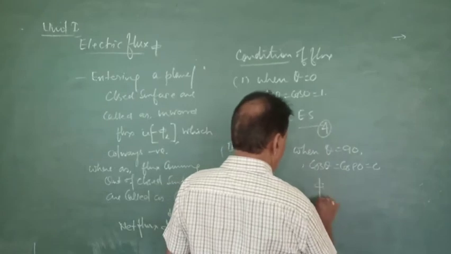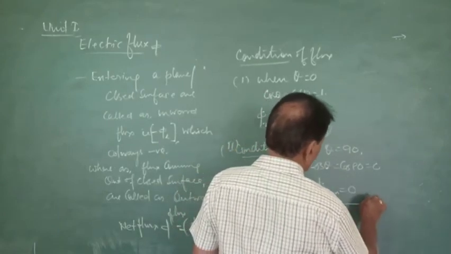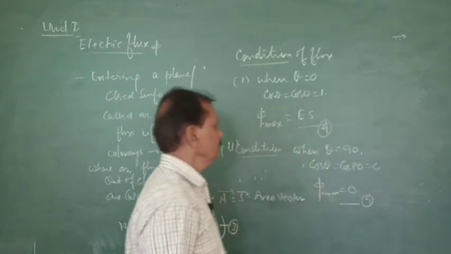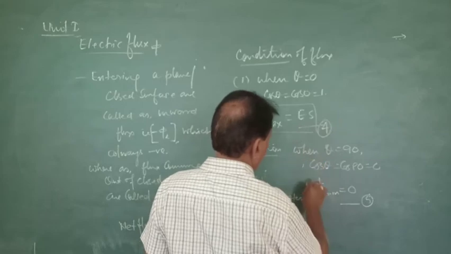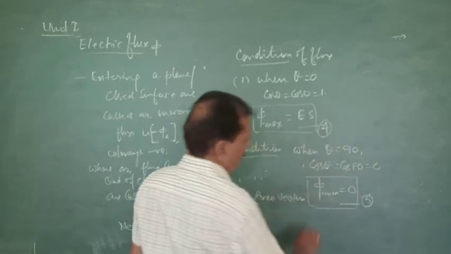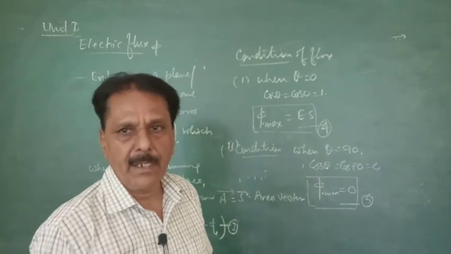Therefore, flux will be minimum and that will be 0. So these are the two conditions which define when the flux is maximum and when it is minimum.